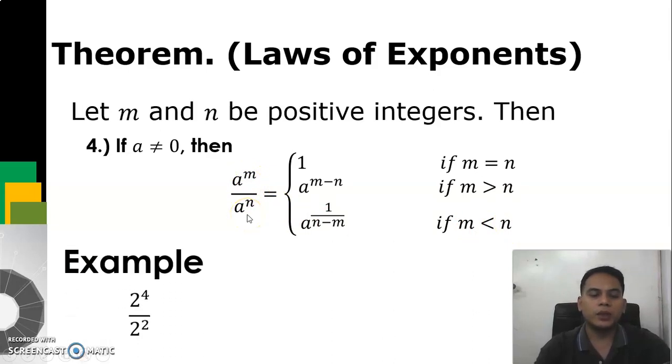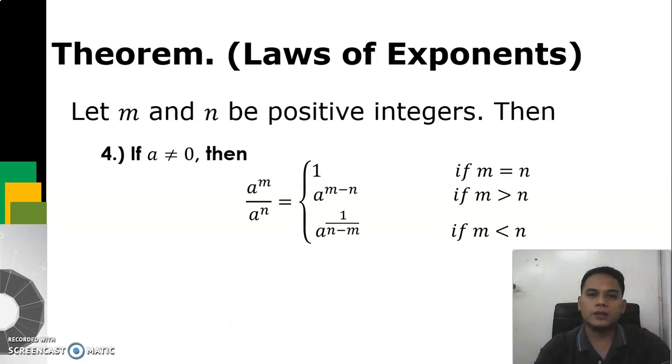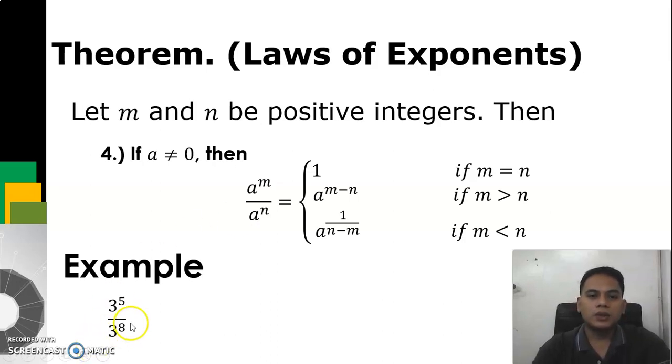So for example, we have 2 to the 4 over 2 squared. The bigger one is 4, so we subtract: 2 to the 4 minus 2, and then we have 2 squared, which is 4. Another example is 3 to the 5th over 3 to the 8th. In this case, 8 is bigger than 5, so we have 1 over 3 to the 8 minus 5, which is 1 over 3 cubed.